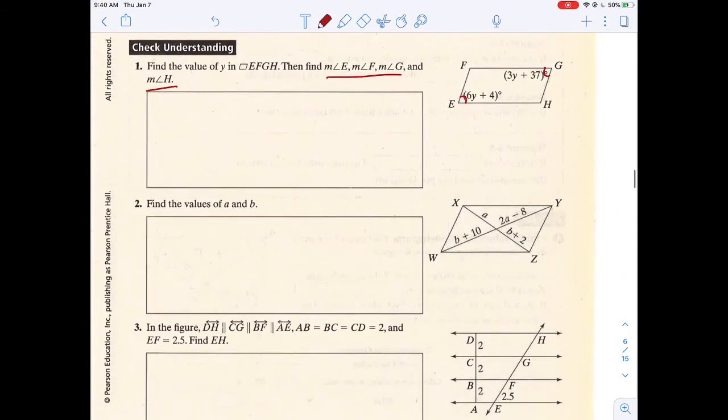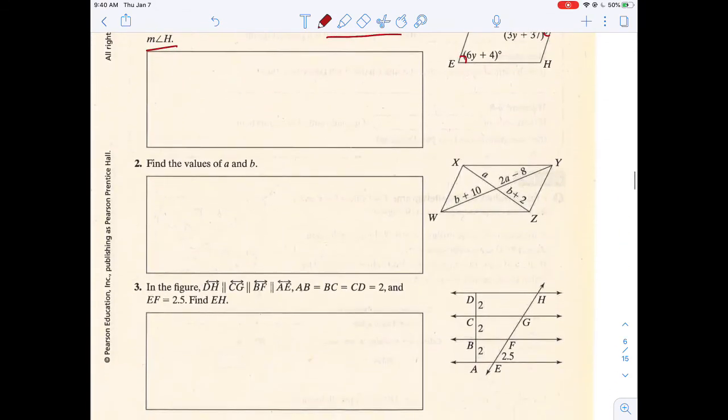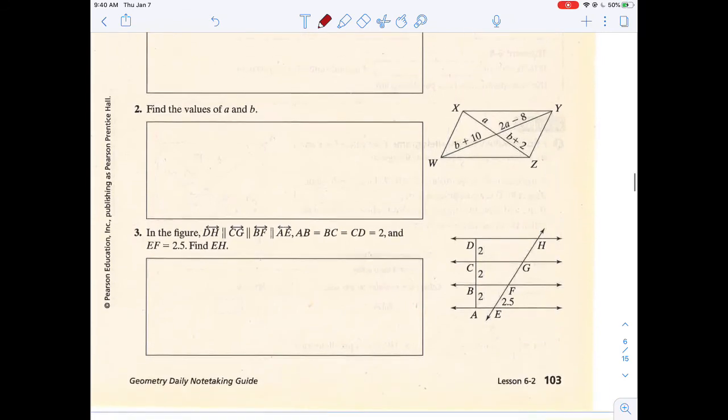So use substitution to help you in that one. And then number 3, you want to find EH based on what you know about all these other things. Okay, so if we know that these parallel lines cut off congruent segments, so like these are all 2, then we know that these segments are all 2.5, and we need to find EH.